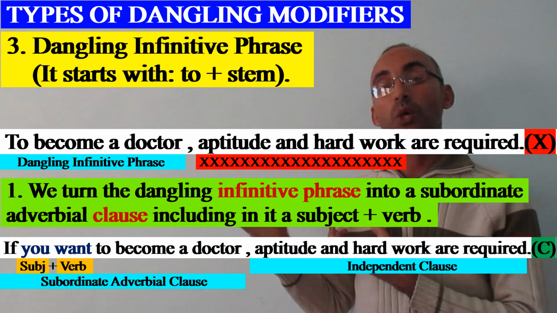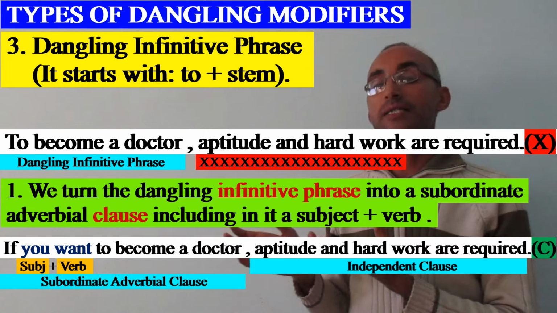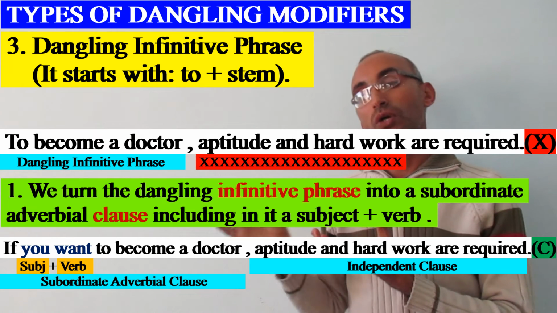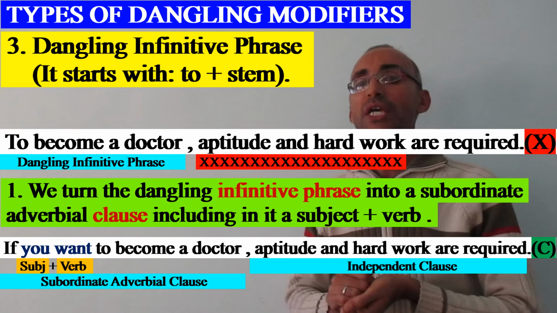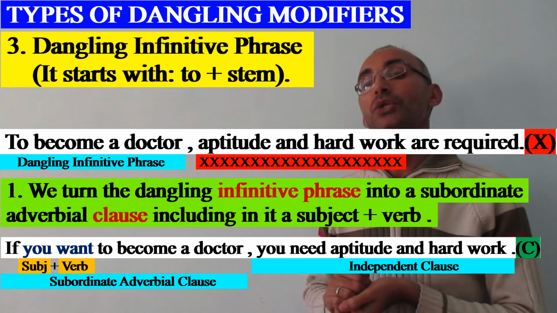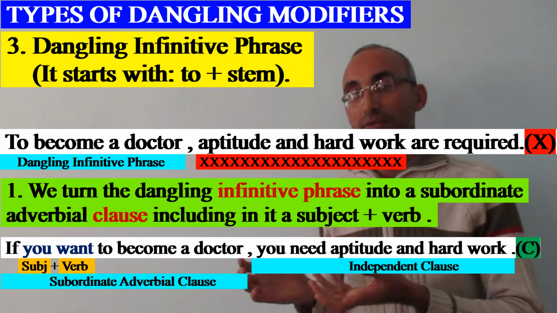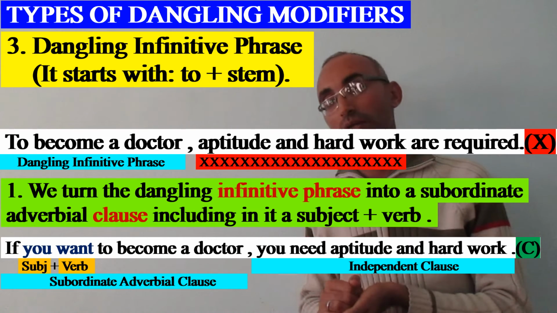Now here I have a complex sentence: the first part adverbial, the second part my independent main clause. Or also you can say, if you want to become a doctor, comma, you need aptitude and hard work.